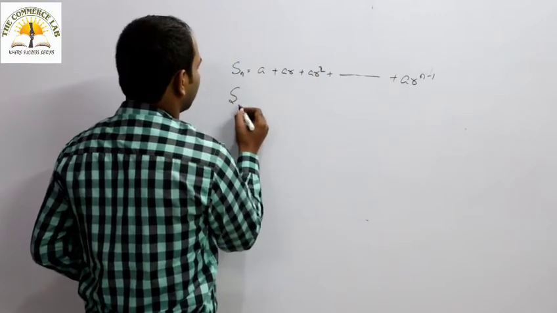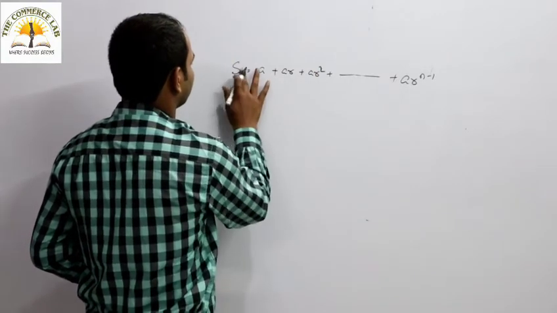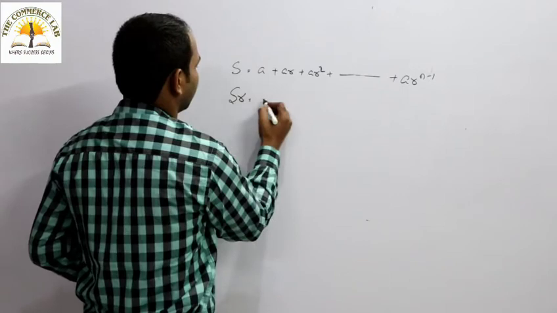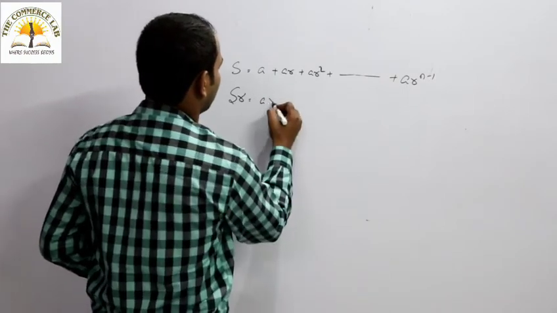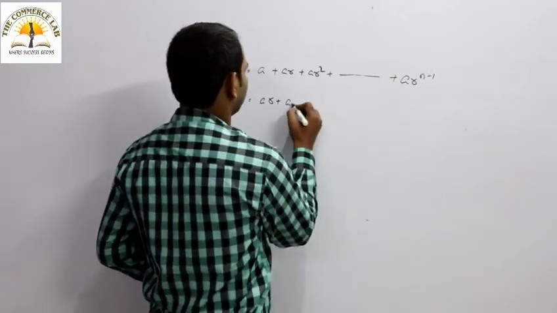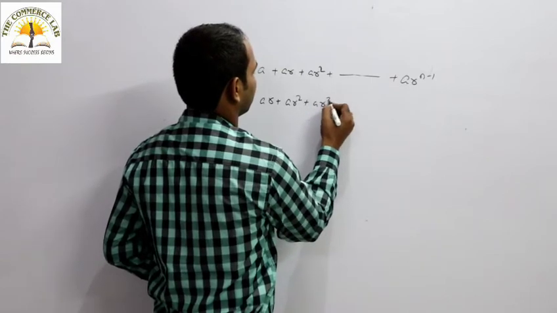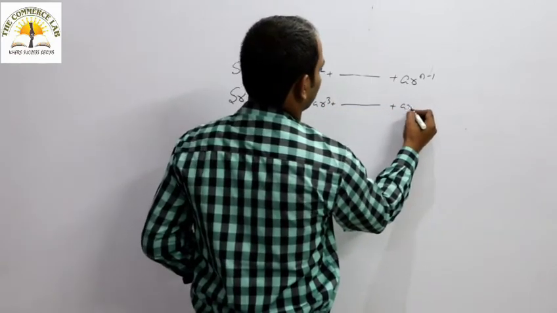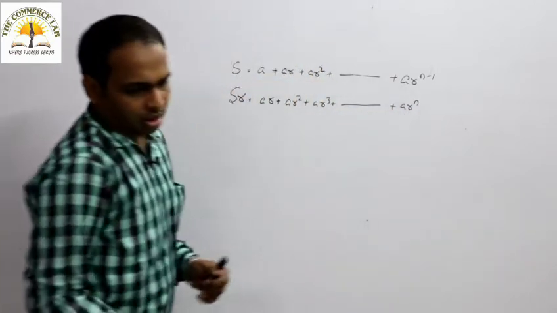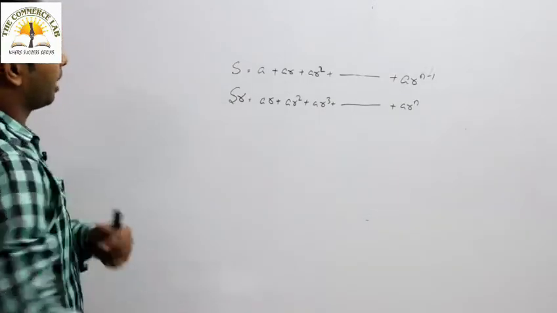It can also be written as SR equal to ar plus ar square and so on up to ar to the power n.